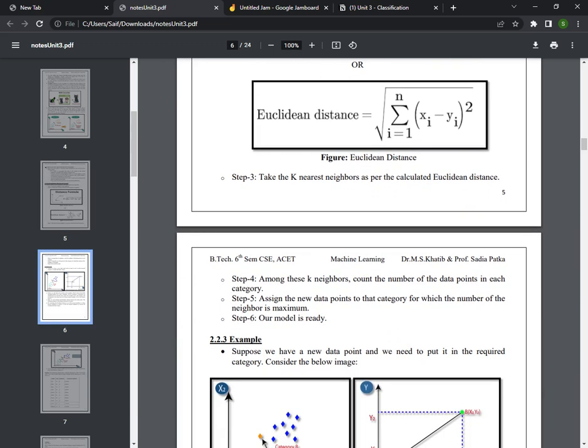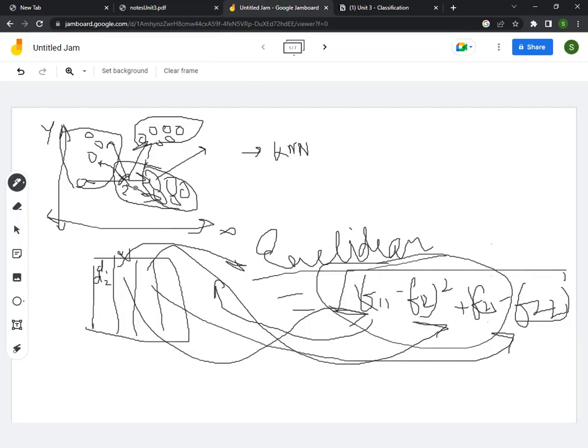Now the next step is among the k neighbors. This is one important point here. We have found the k nearest neighbors. Now we calculate the number of data points that are in this neighbor, that are in this class. If there are two such data points that are nearest, we will take the maximum number of neighbors or data points.